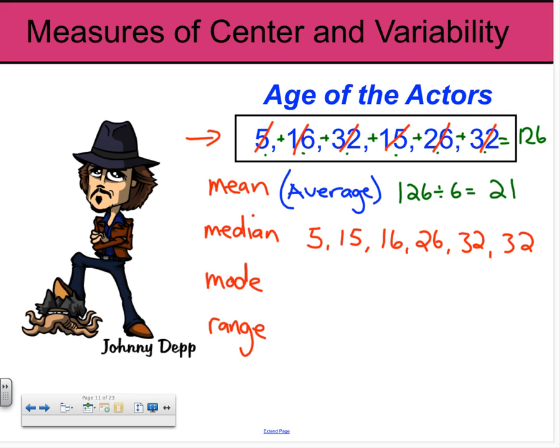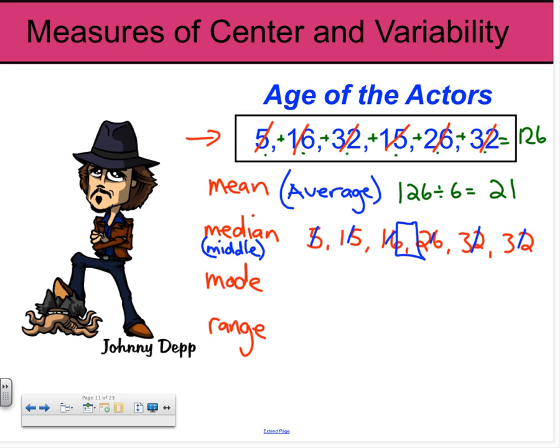Another way to remember median is just to think of middle. One of the easiest ways to do that is to cross off from either end until you get to the middle. Now here we're in an interesting situation because if we keep crossing off, there is nothing in the middle. So our median is right here.